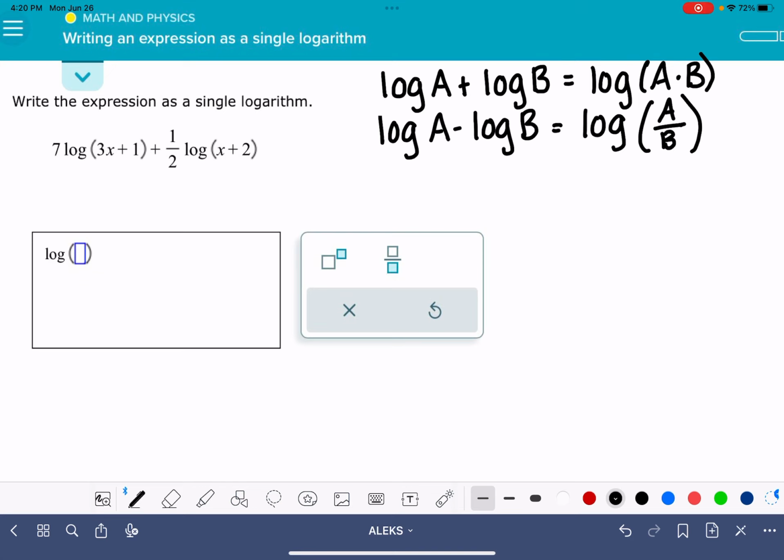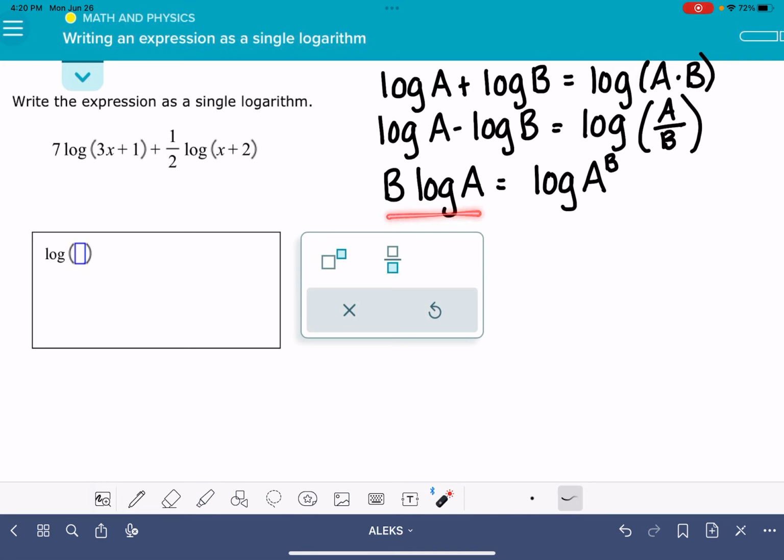And last but not least, if we have a number times the log of something, like B times the log of A, we can rewrite that as the log of A to that initial number as an exponent. So B times the log of A is equal to the log of A raised to the B.